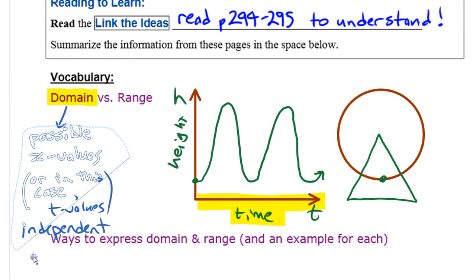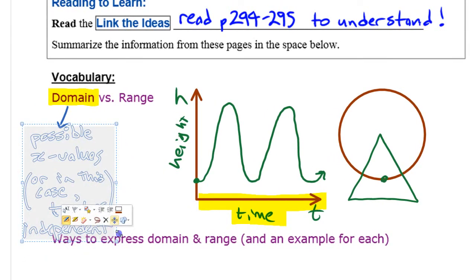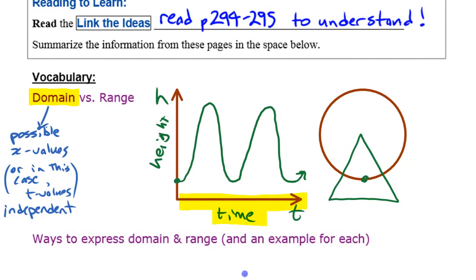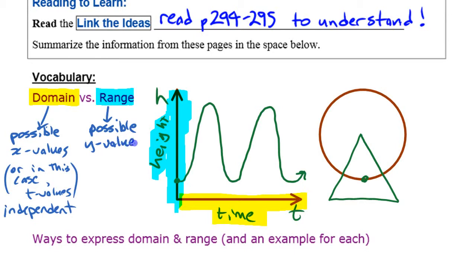And the other thing that's there, range, let's just shrink that down a bit because I'm going to run out of room. The range is values of the dependent variable, whatever's on this axis. Okay, so we can put that down too. And a lot of people, again, remember it as possible y values because they always think of the horizontal as x and the vertical as y, even if they're actually different variables, right?